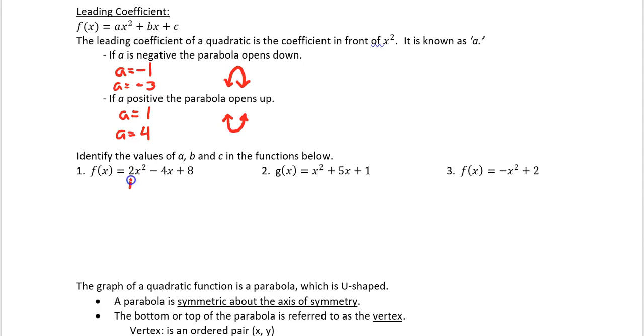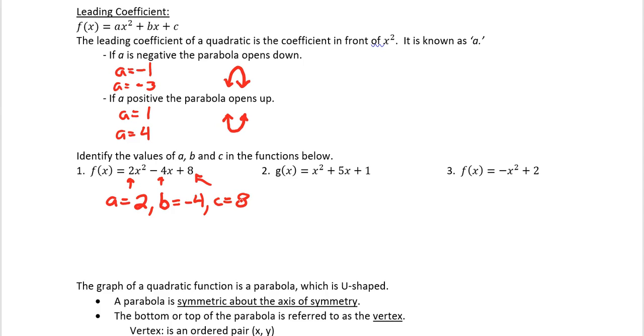The number in front of x squared is a, so we know that a equals 2. The number in front of x is always going to be the b value, so b equals -4. And the number at the very end that's added on as a constant is your c value, so it's 8.